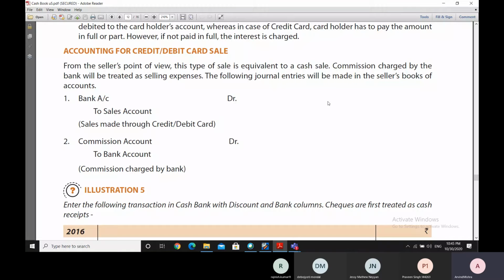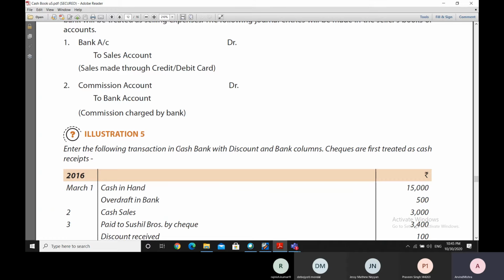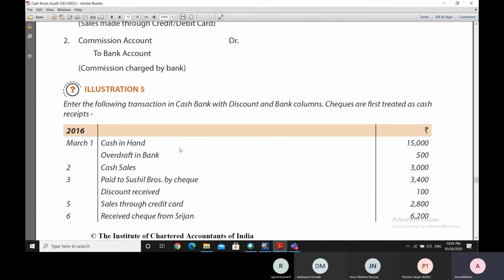The sales account will be credited and the bank account will be debited for the payment which is received, and the bank account would be credited and the commission account would be debited for the commission that is paid to the bank by the seller, because the bank is going to charge 1% to 4% commission on every transaction.